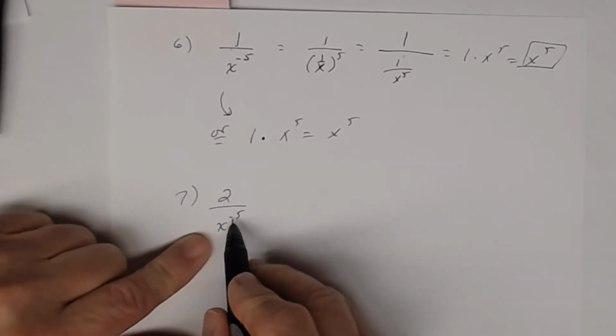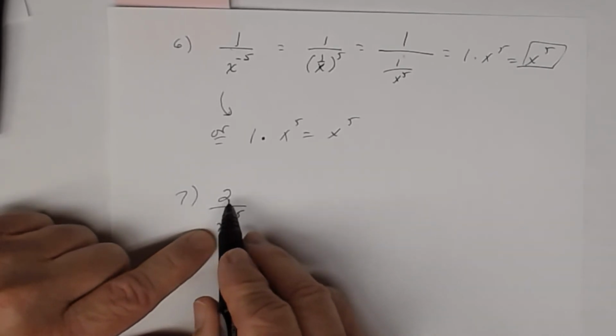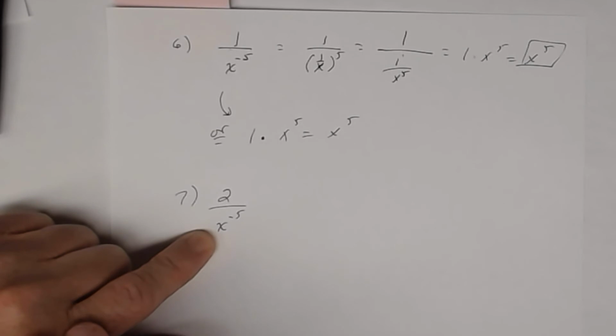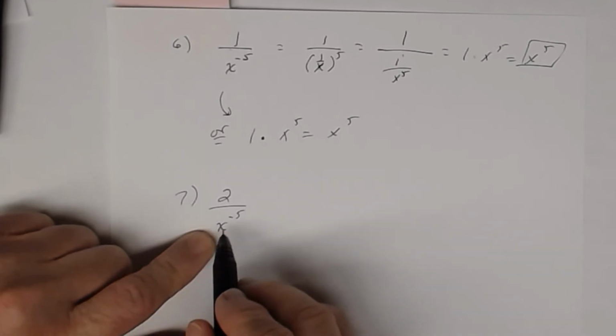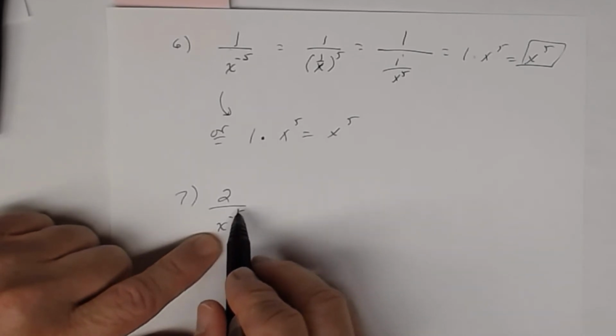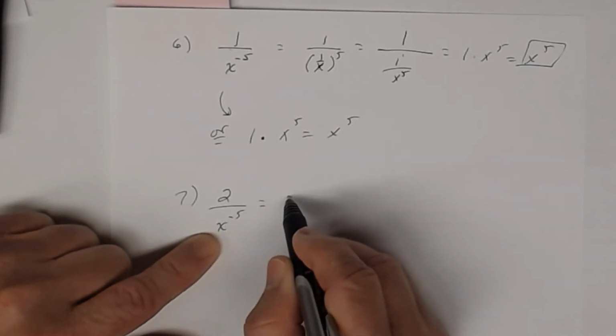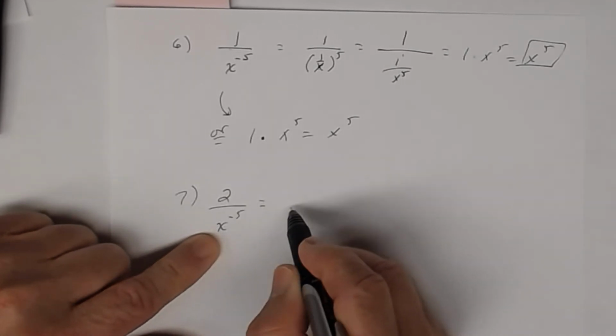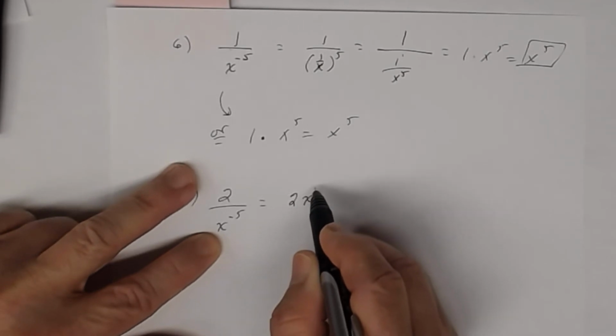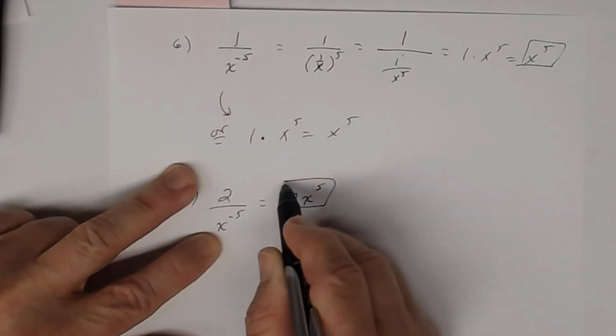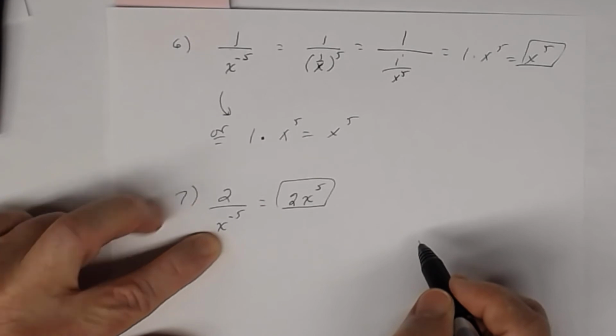What's being raised to the negative power is this x only. So 2 will stay where it is. 2 is in the numerator. So if I want to make this exponent positive, I'm going to rewrite it in the numerator. So I get 2 times x to the fifth. And there's your answer: 2 times x to the fifth.